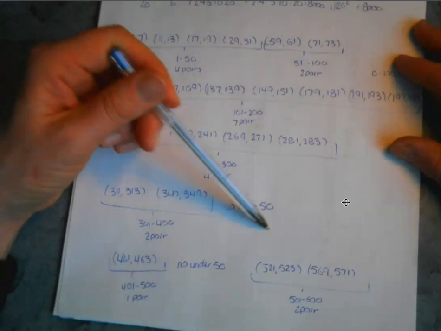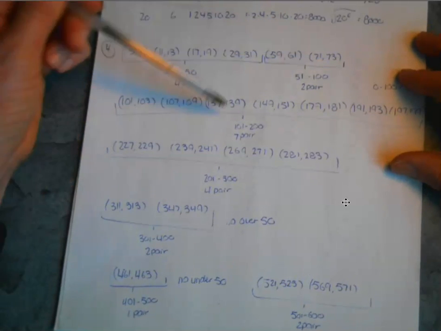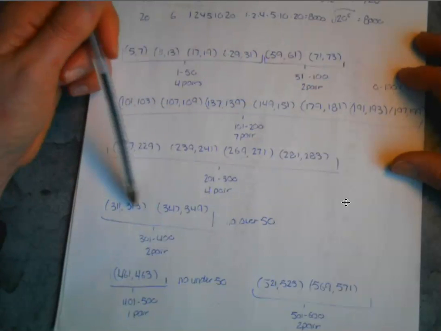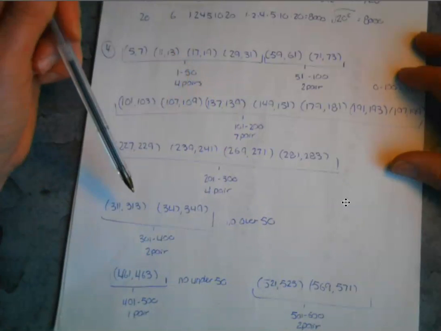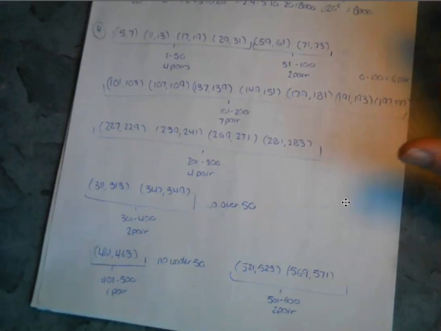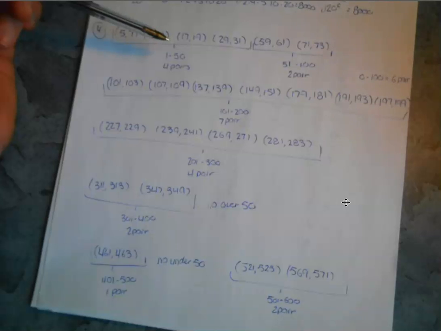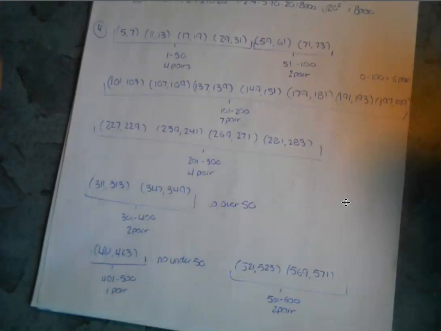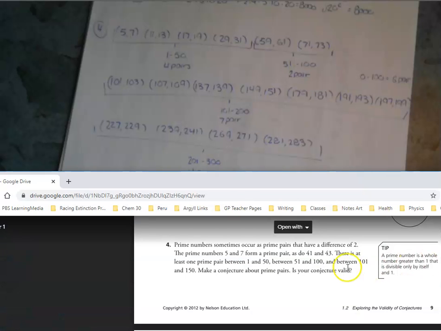Because I can't even say that would be true for 1 to 50, 50 to 100, or 101 to 150, 150 to 200, because it doesn't hold true for these two here. For this one, there's nothing over 50, nothing under 50. So what I would do is expand what I'm talking about and say for every grouping of 100, there's always going to be 1 pair of prime numbers that have a difference of 2.